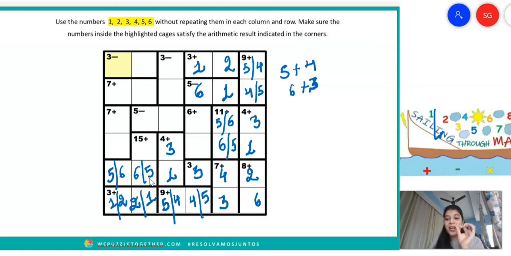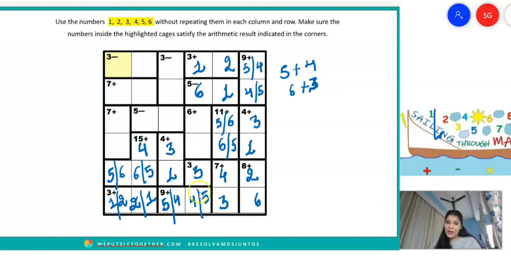So can I say when I will add 5 and 6, I will get their summation as 11. So what I have to add in 11 to get my summation as 15? Obviously, I have to add 4 there. So that gives us the value of this block, which is going to be equal to 4. So now we know that this is going to be equal to 4.